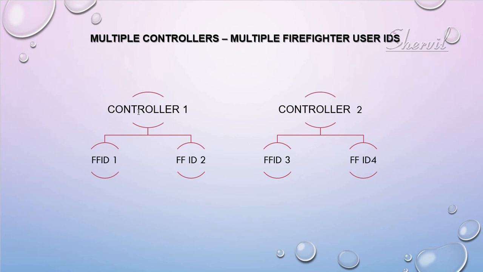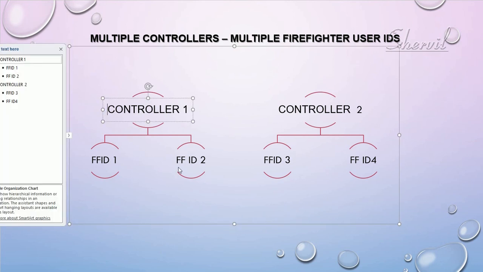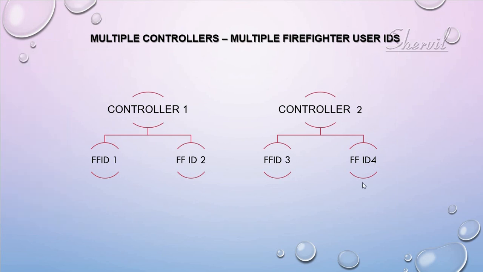The controller for the SD area would own all the IDs that are allocated for the SD firefighters. Similarly, the finance firefighter controller will control the firefighter IDs belonging to the firefighters in the finance area. So you could have multiple controllers controlling multiple firefighter IDs.